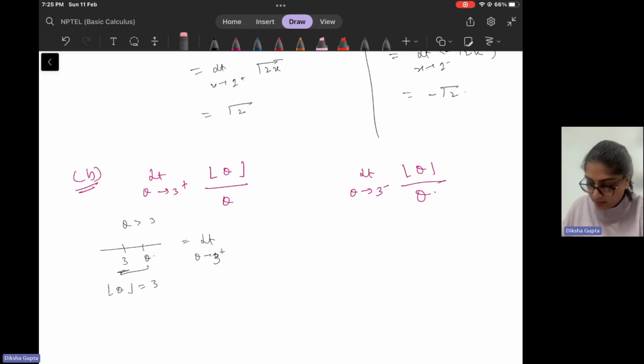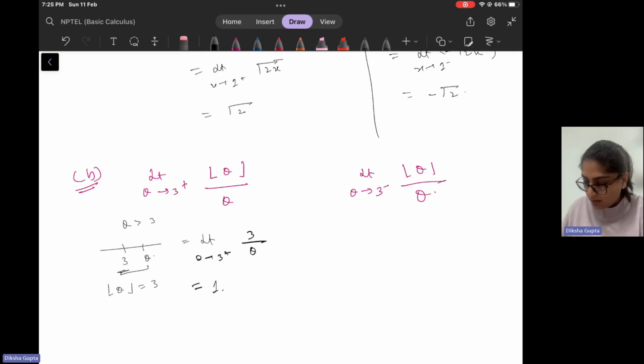Or you can just write it like 3 upon theta. You can see, limit theta tending to 3, this is 3 upon 3.